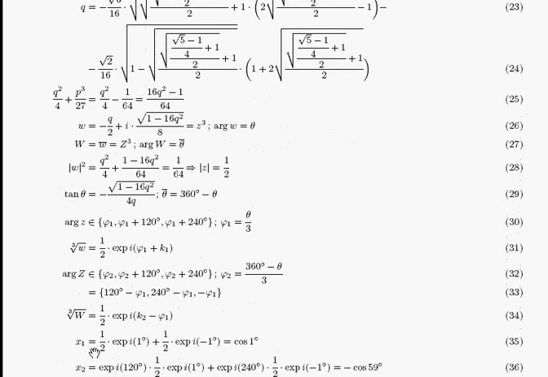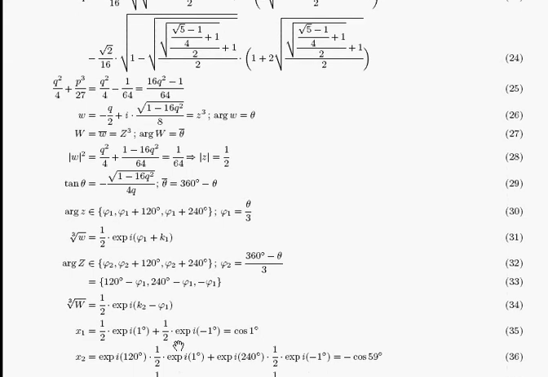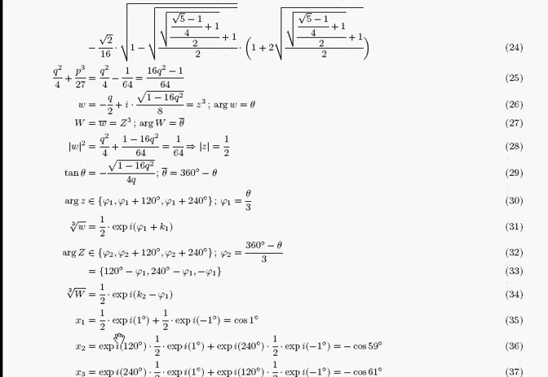So x1 is the sum of the two cubic roots, the principal values of the cubic root of w and W. 1 degree for the small z, and minus 1 degree for the big Z. So we have cosine plus I sin.